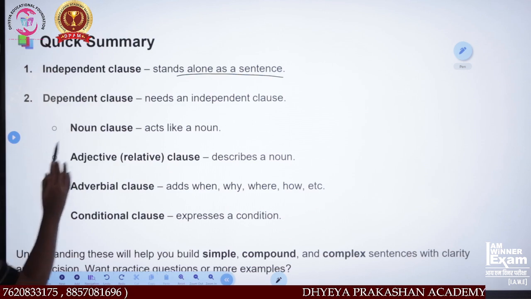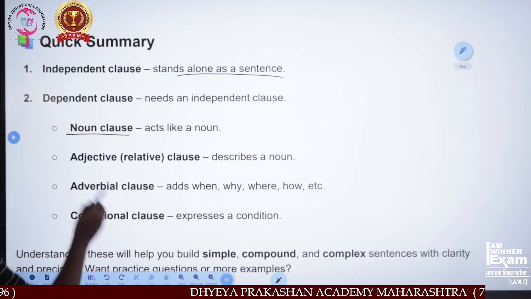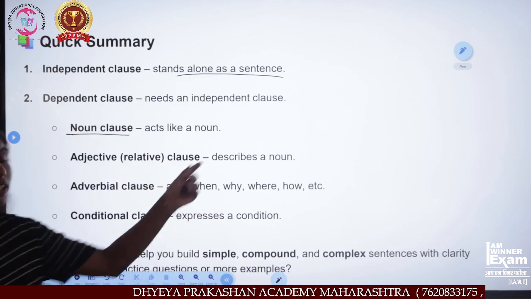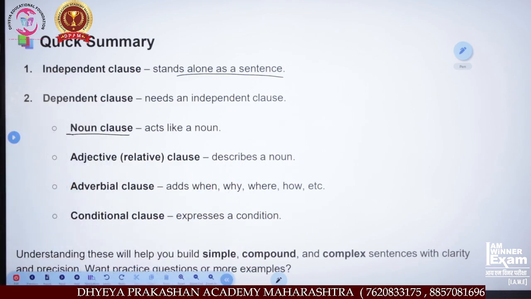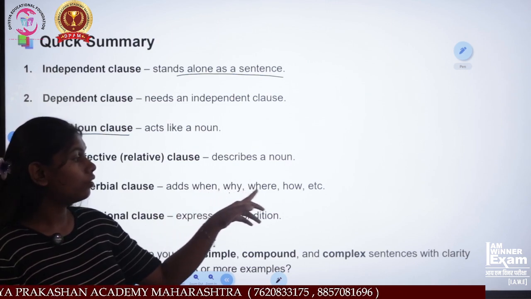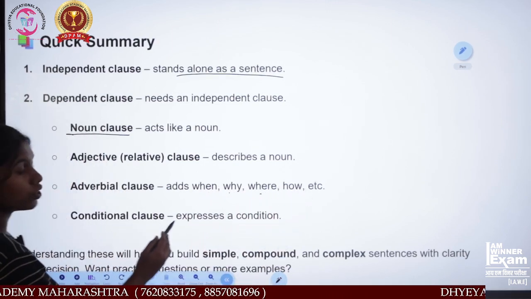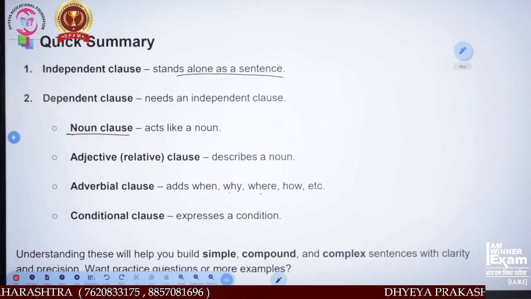Then noun clause acts like a noun. Adjective or relative clause describes a noun. Then adverbial clause adds when, why, where, how and etc. Then next conditional clause expresses a condition.